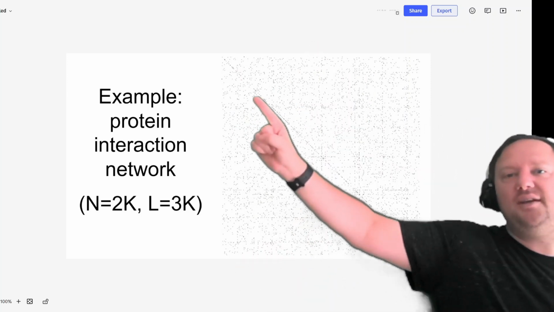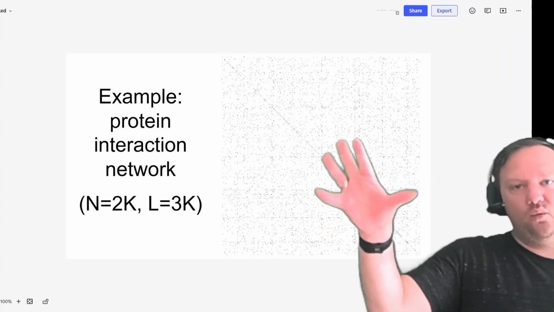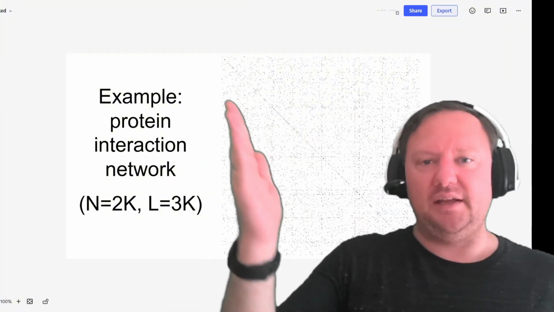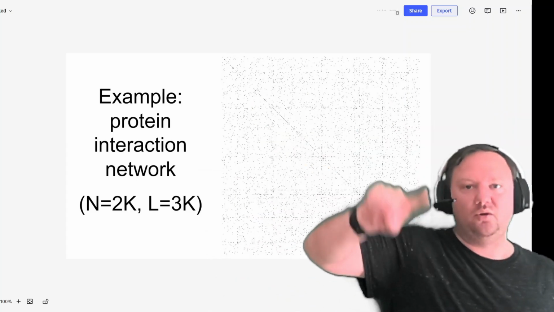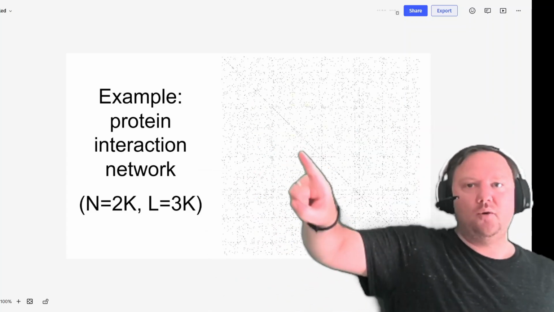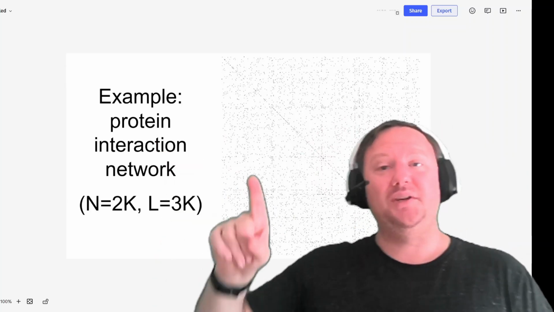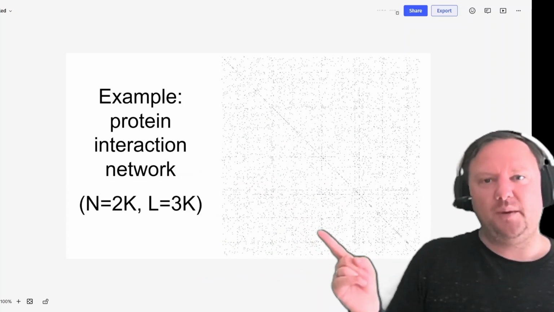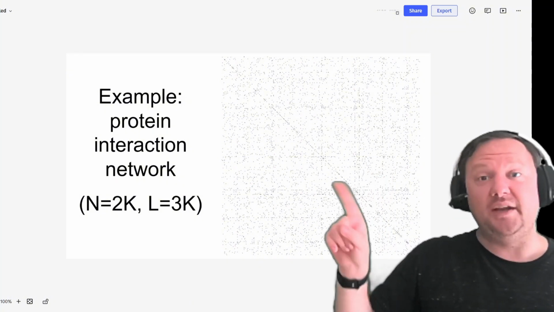Since that diagonal line shows up a little bit darker than the rest of the image, that seems to be an indication that, well above the general rate of interaction, proteins tend to interact with themselves, which is quite interesting and really nice that we can see so quickly just by noticing a pattern in the adjacency graph.